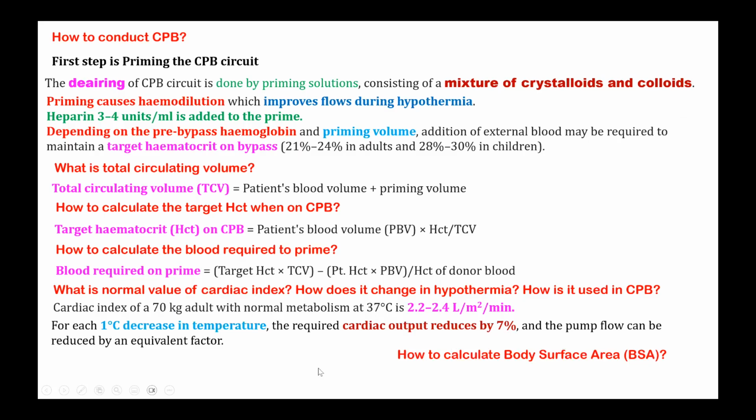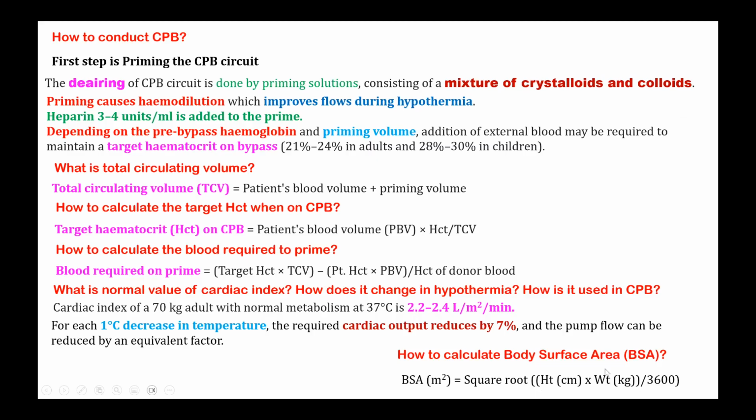So for that, what are the parameters you need to calculate the body surface area? You need the height of the patient and weight of the patient. Yes, you need both. Body surface area, expressed as square meter, is the square root of height in centimeters multiplied by weight in kilograms, both divided by 3600.